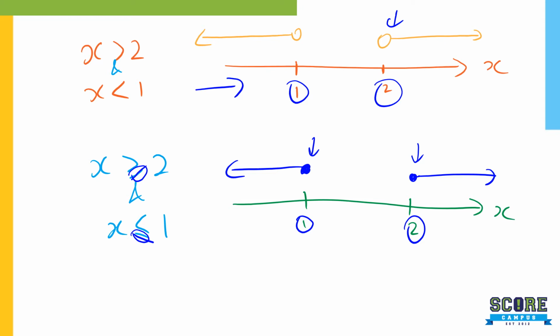So that's just the symbols and how to draw your number line. You will have other scenarios where you will see, for example, x smaller than or equal to 3 and greater than minus 2.